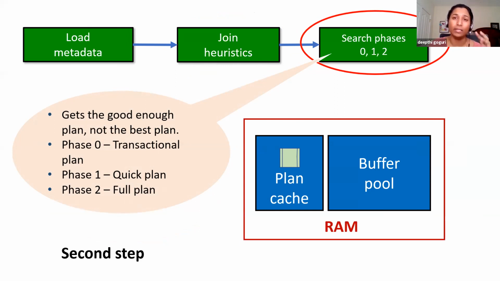So it will grab that information from these three phases: phase 0, phase 1, and phase 2. Once it grabs that execution plan information, it will update that information inside the parse tree of the plan cache. And finally, it will put a hash on that particular query tree inside the plan cache. And now our query will go to the storage engine component, the third step. But before going into the third step, let's see what these search phases are.